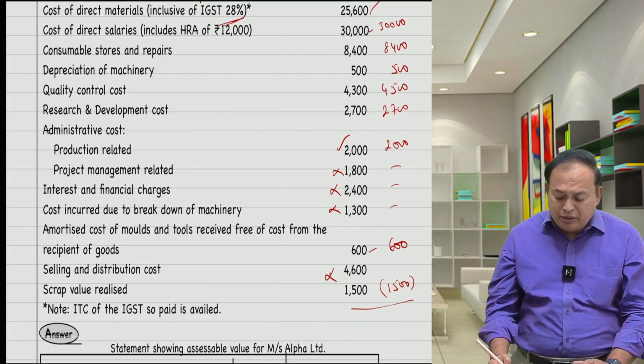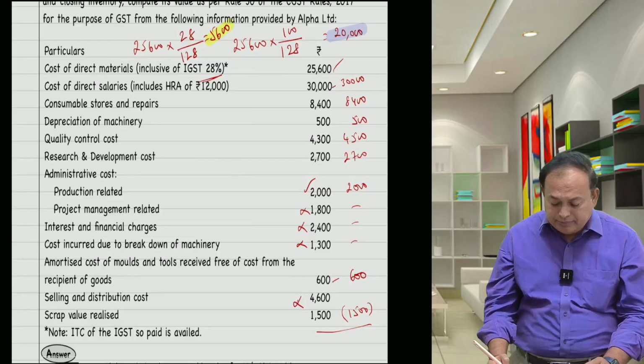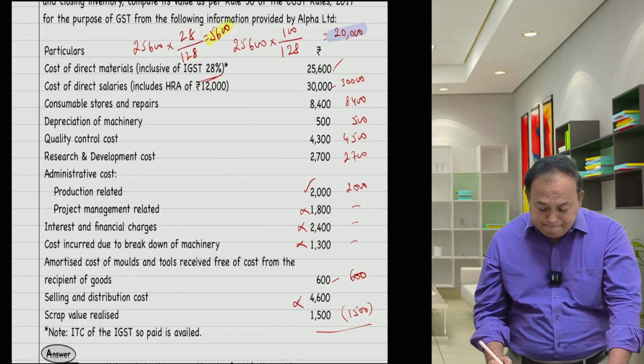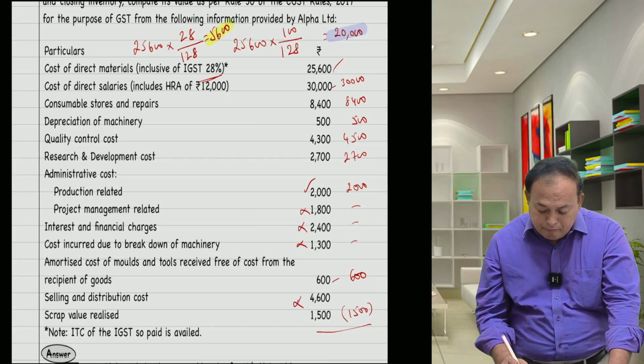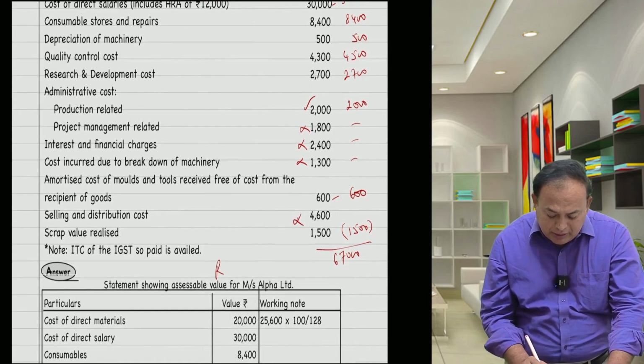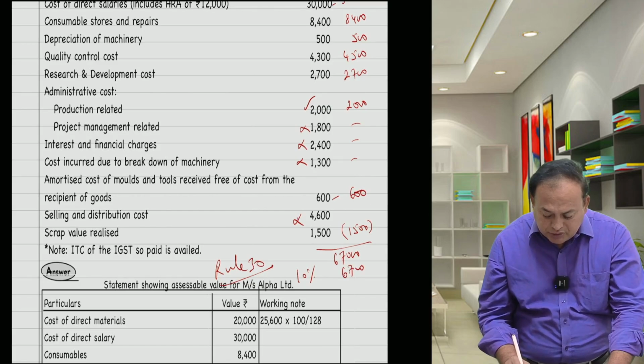Thereby, I got how much value here? Total value how much? Quickly, fast. 67,000. On which, don't forget, as per Rule number 30 to arrive at the value, 10% is 6,700.